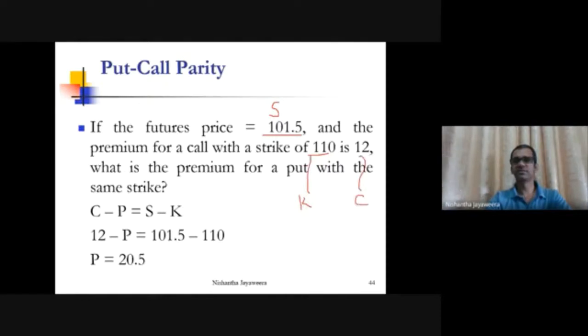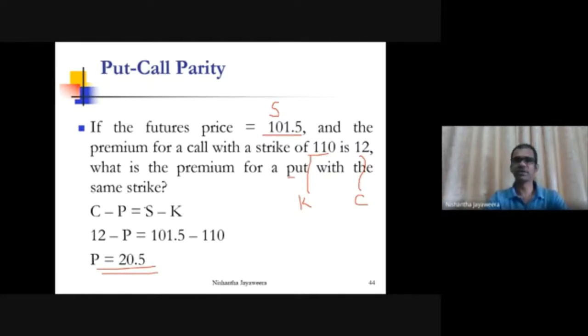This is C. What is the premium for a put with the same strike? Again, substitute the figures. You get P equals 20.5.